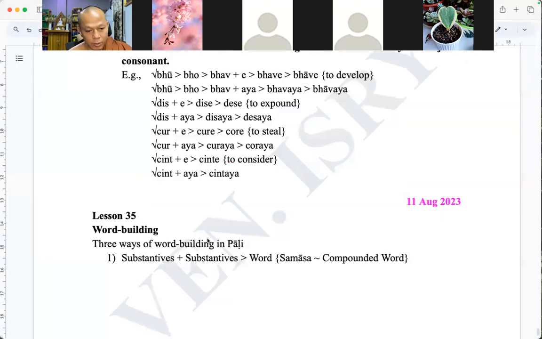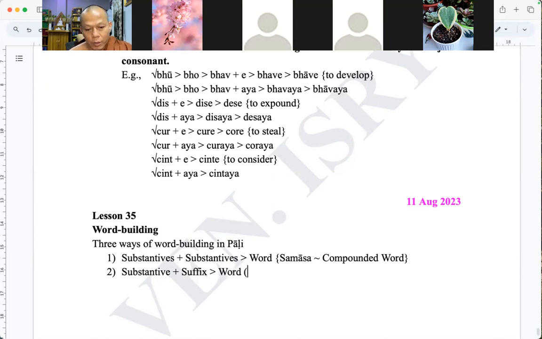So a substantive to which we add a suffix gives us another new word.